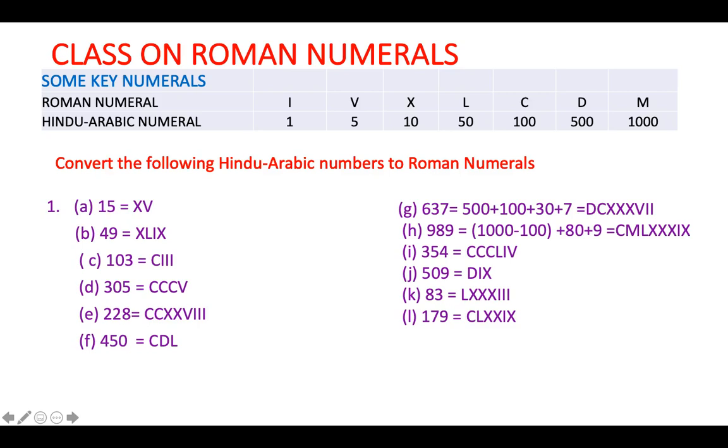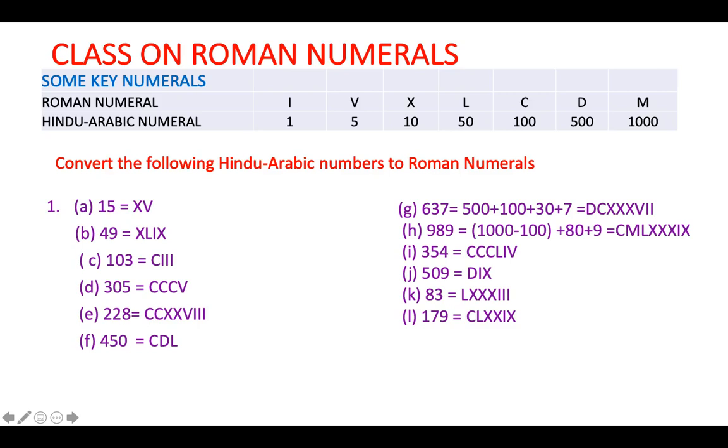If I want to subtract any number from a number, we have to put that number on the left hand side of the given number. So here your number is 15. First I have written X, that means 10, and then I have written 5 on the right hand side, that means 10 plus 5, that is 15. In that way we will continue our lesson. This is a very basic number.